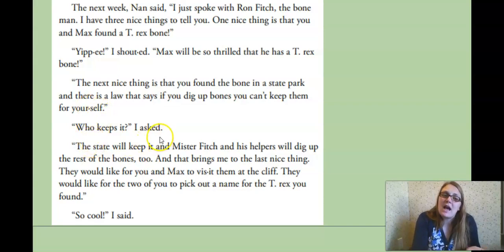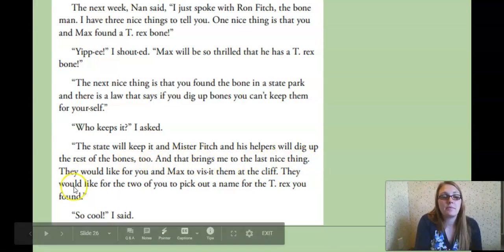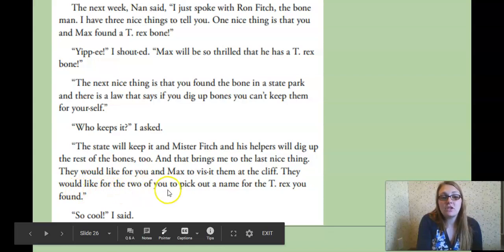Who keeps it? I asked. The state will keep it, and Mr. Fitch and his helpers will dig up the rest of the bones too. And that brings me to the last nice thing. They would like for you and Max to visit them at the cliff. They would like for the 2 of you to pick out a name for the T-Rex you found. So cool, I said.